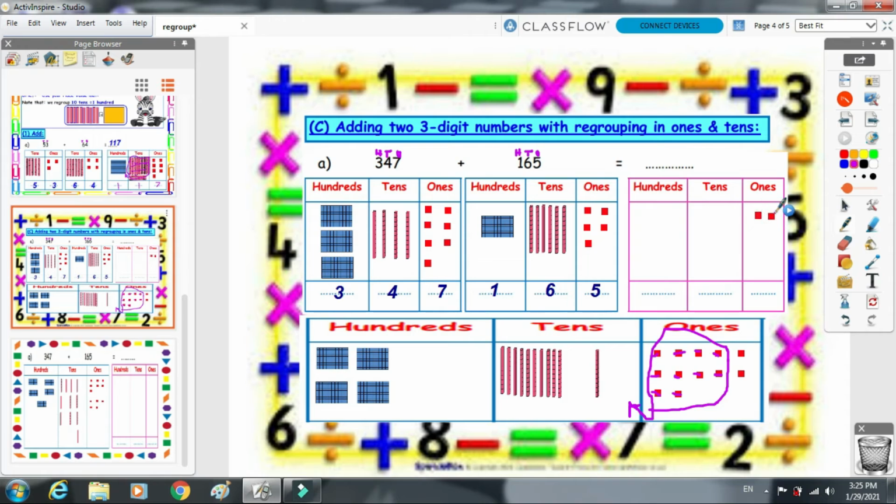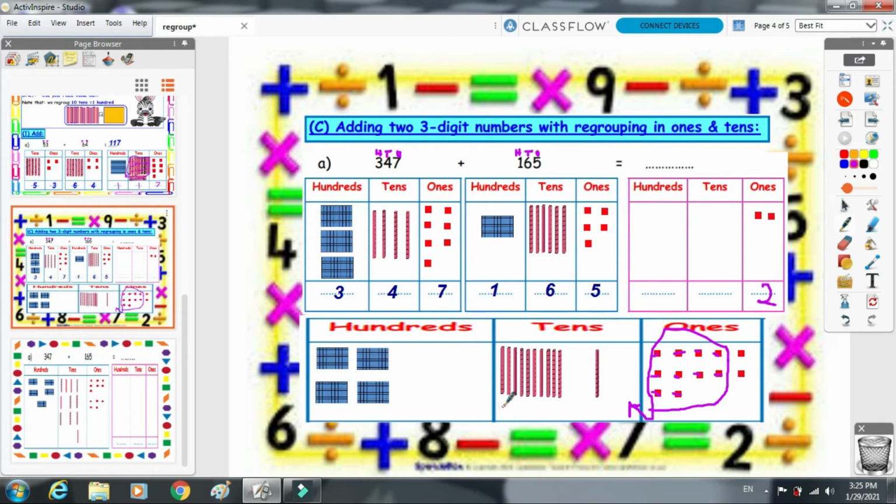So here I have 2 ones. And how many tens do you have now? I have here 1, 2, 3, 4, 5, 6, 7, 8, 9, 10, 11. They are now 11 tens. They are more than 9, so I have to regroup.